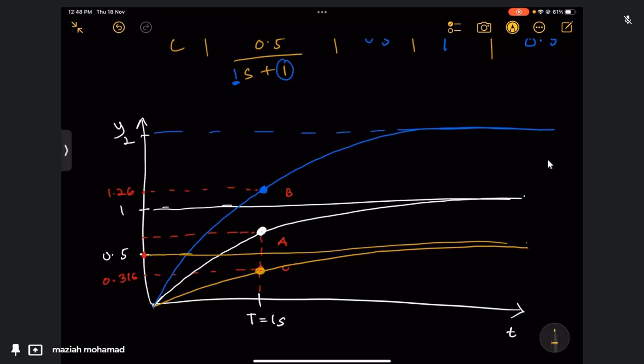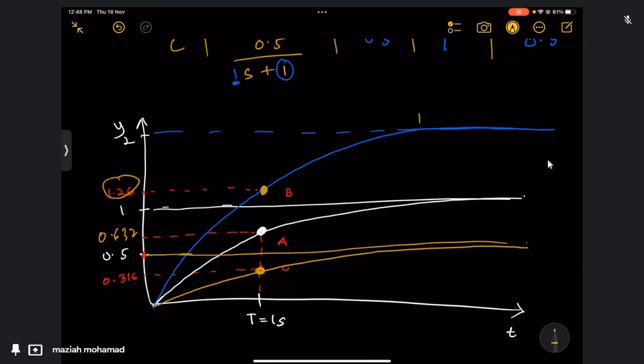Basically we can see here that the effect of K is that it will change the final value. We change the final value, and of course it will also change the output at the time constant. We have 1.26, we have 0.632, we have 0.316, because it depends on the final value, but it is always 63.2% of the final value.